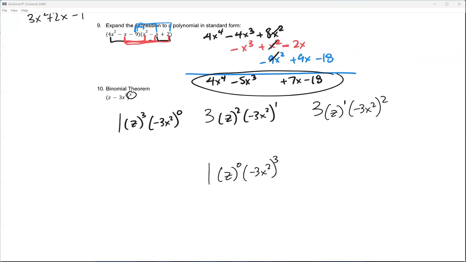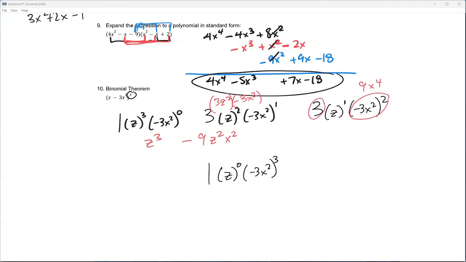So this is going to be z cubed. This is 3z squared times negative 3x squared. So I'll be multiplying this out. So it'll be minus 9z squared x squared. And then this right here is 9x to the 4th power times 3, which is 27.